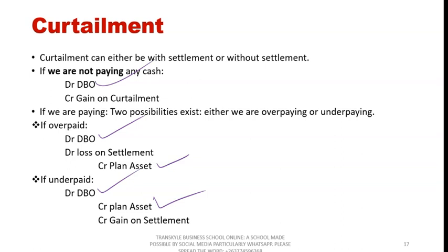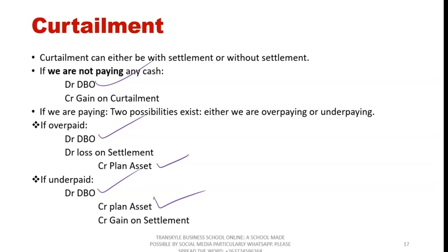Now, if we underpay, we debit the defined benefit obligation to reduce it, credit the plan asset to reduce it, and also credit the profit or loss because there will be a gain on settlement.